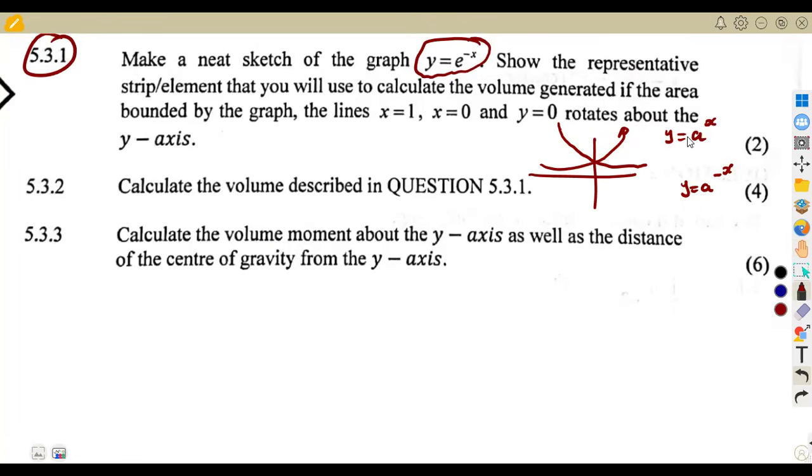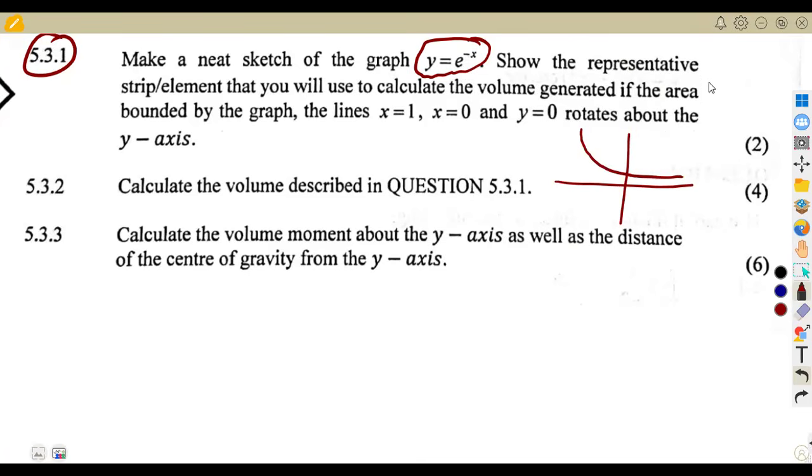When it is negative here, a reflection happens in the x-axis, and this one will be a reflection again in the y-axis. But here the number is not negative, it is the exponent that is negative. So we expect our exponential function to be that way.